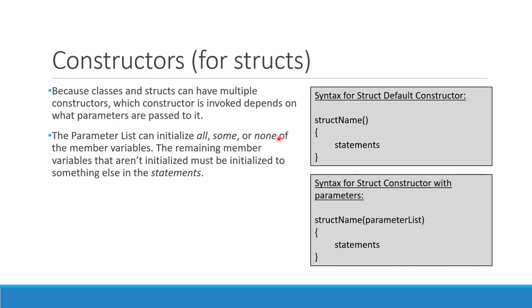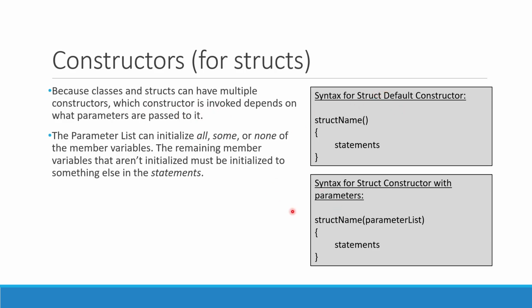So this next slide shows the syntax for constructors for structs. Now, because structs and classes can have multiple constructors, because we're going to have one default constructor and multiple parameter constructors, which constructor is invoked whenever a new object is declared?